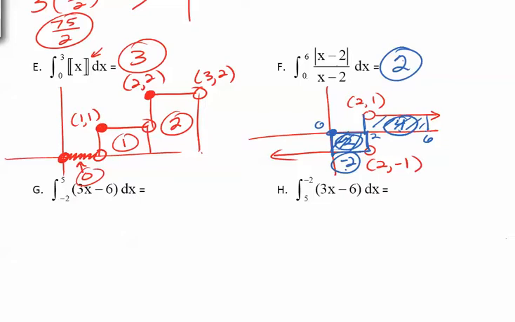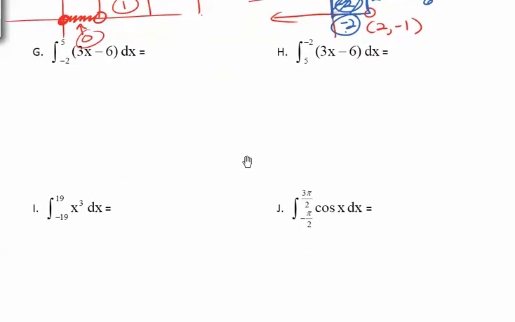All right, letter G, if you're asked to use geometry, you know that this line, y equals 3x minus 6, and I better give myself some more room there, has a y-intercept at -6 and a slope of 3, so rise 3, run 1.